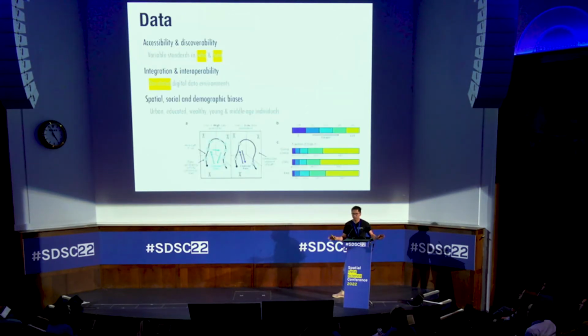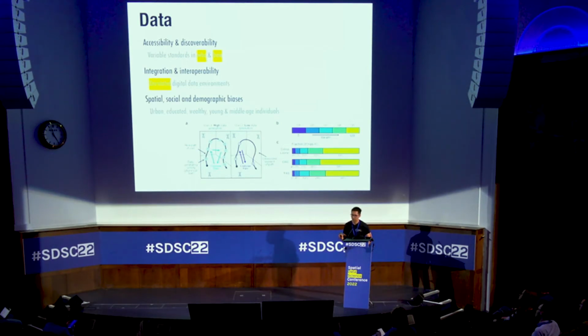The other big area of challenges is data. So the first key issue, I think, is data accessibility, so making the data accessible, but also being able to find the data. There are different ways in which different companies, platforms and businesses make the data accessible.